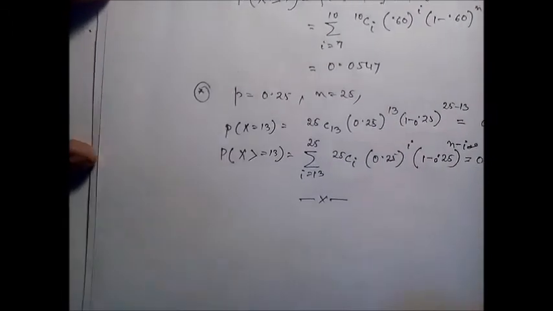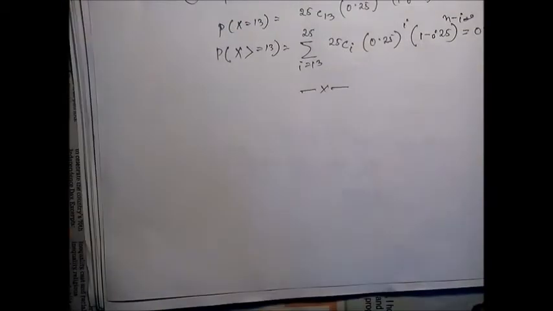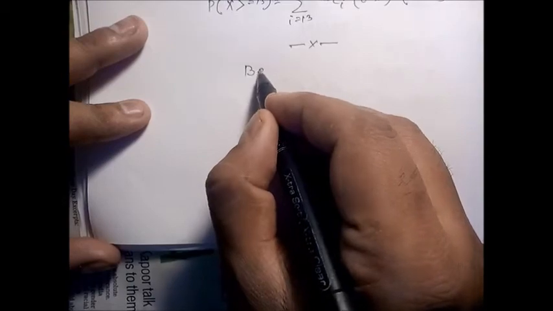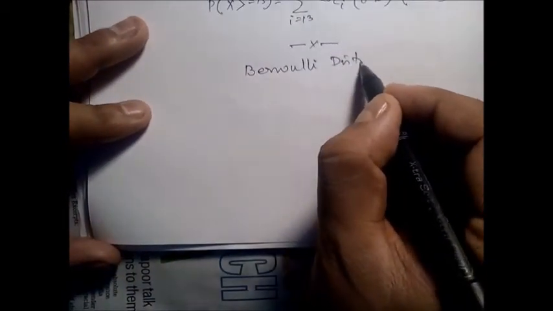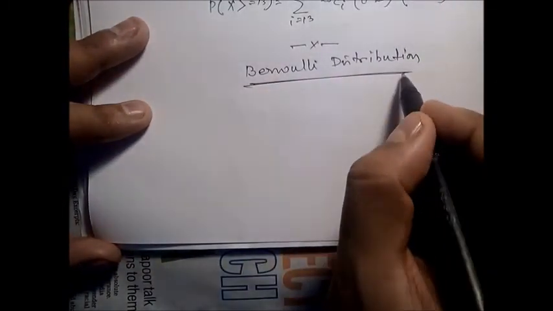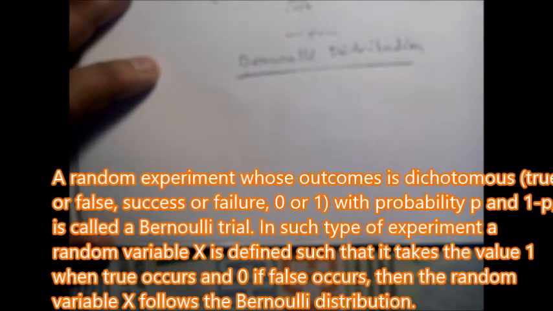Next we'll talk about Bernoulli distribution. A random experiment whose outcome is dichotomous, meaning true or false, success or failure, 0 or 1, with the probability p and 1 minus p, is called a Bernoulli trial.